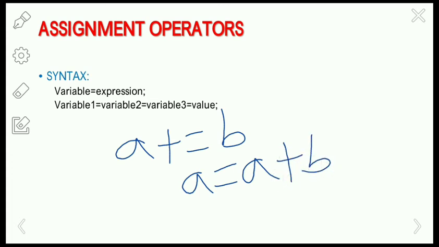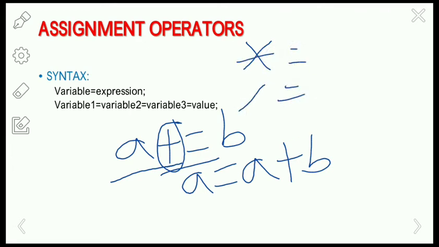So here the syntax will be operator equals. What is the operator here? Plus, right? So operator equals. Similarly, we can take the arithmetic operators or bitwise operators here. I can take multiplication equals, division equals, or minus equals, like that.